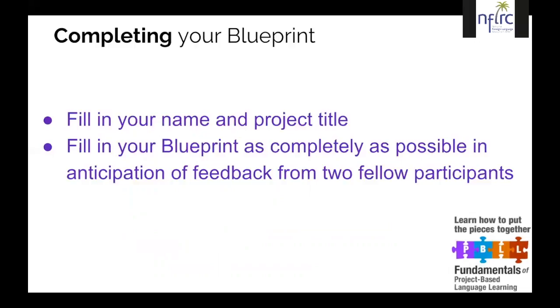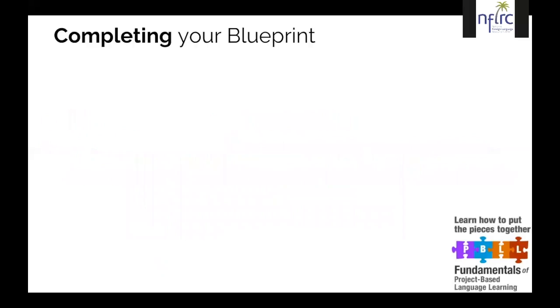First, of course, you fill out your name and your project title. Don't forget that, it's very important, so we know whose project this is. And then fill in your project blueprint as completely as possible in anticipation of feedback from 2 fellow participants. So what are the categories we have?